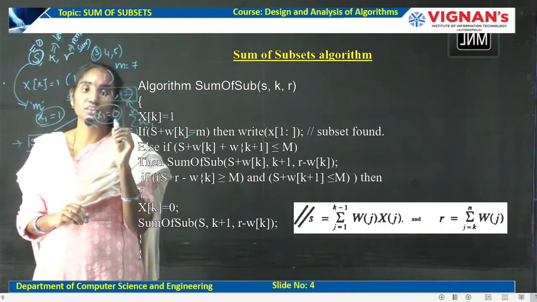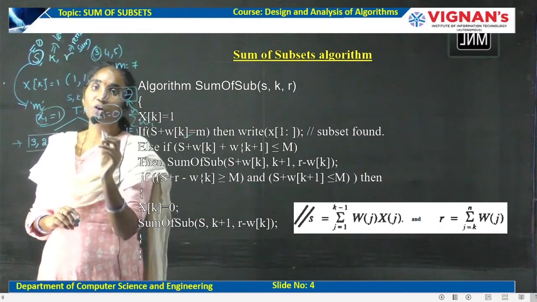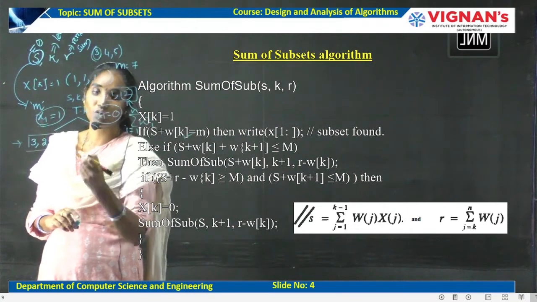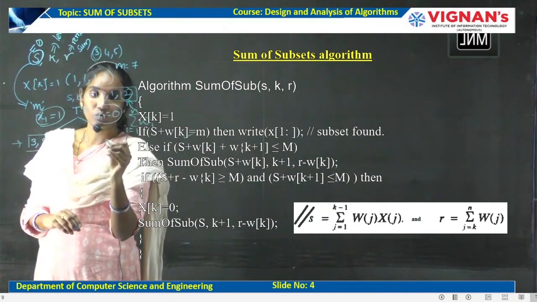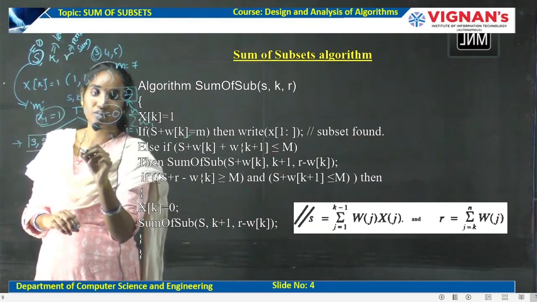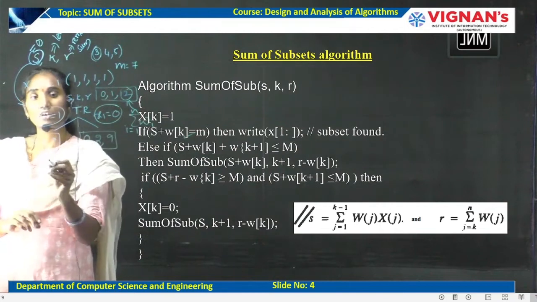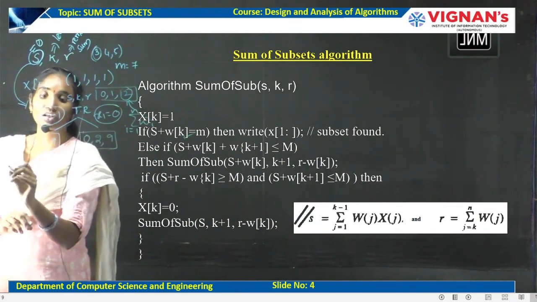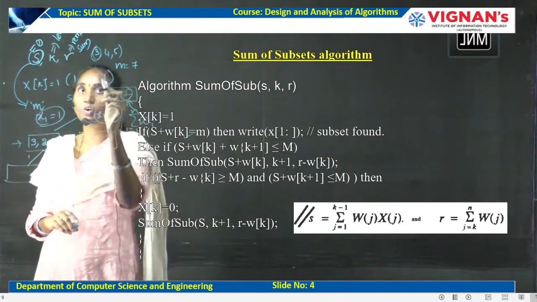Next, here I have not considered the corresponding 3. So now what happens? Sum is 0, level is 2, and r value is 9. Now next, here also again 1 and 0. Here I have taken the second item. So when I am taking the second item, what happened?